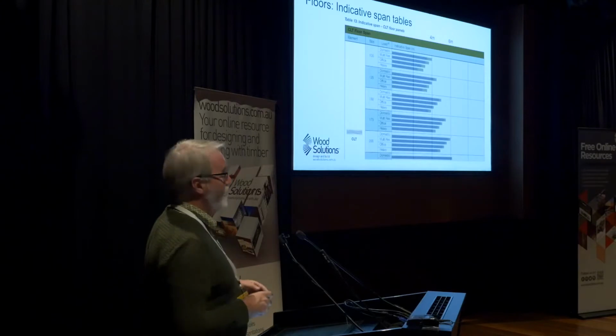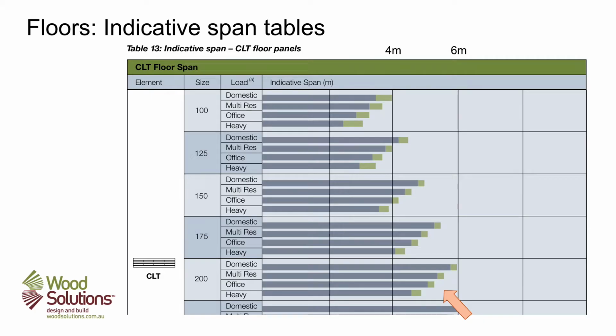So if we look at this in a bit more detail, if we say we're going to have a 200mm CLT panel, or that we want to go somewhere between 4 or 5 metres, or maybe about 5 metres, we've got a multi-res option. Sorry, in our case we've got an office. We want to go a simple 5 metre span, something of that order.